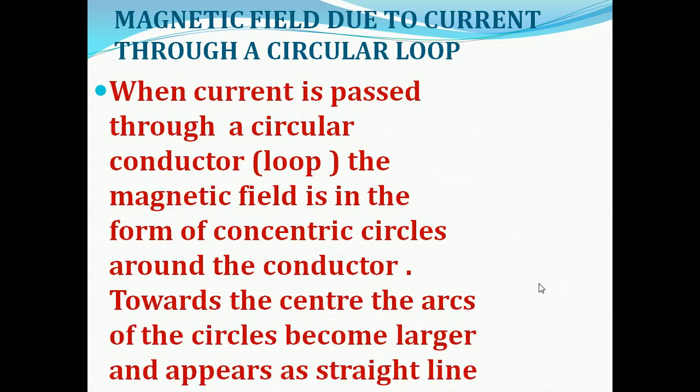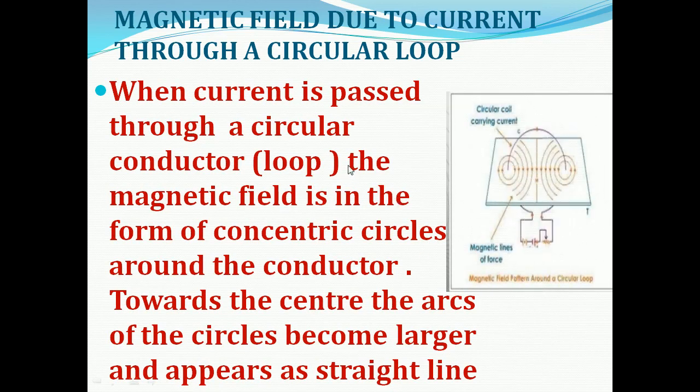Now we can see the magnetic field due to current through a circular loop. When a current is passed through a circular conductor, here in this picture you can see the circular coil carrying current, the magnetic field is in the form of concentric circles around the conductor.